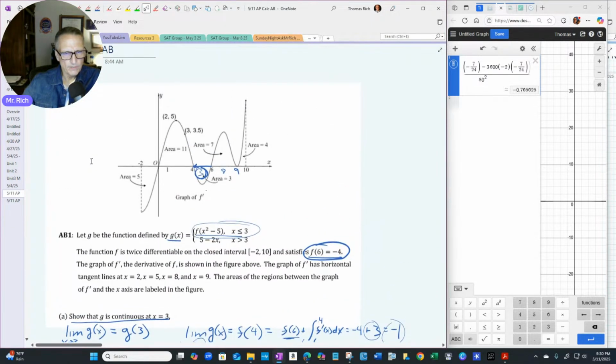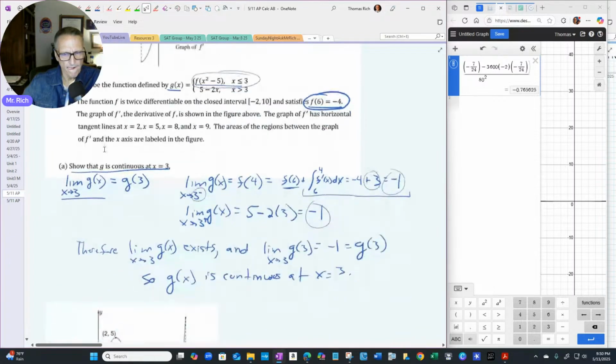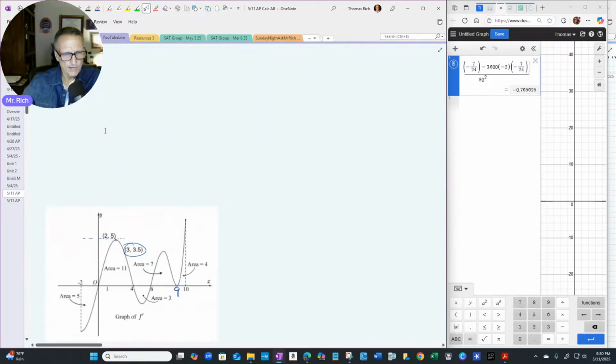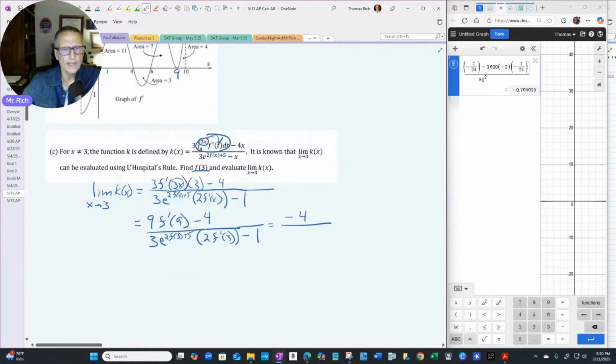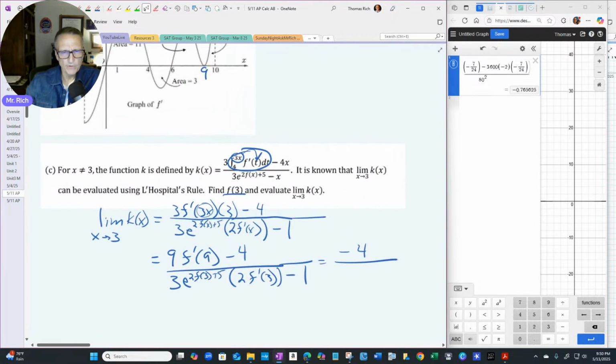F of 3, because we've got the derivative there. There was something about this problem that allowed us to find f of 3. And I don't know if it was in here. I think it was. It would have to be the fact that this is 0.